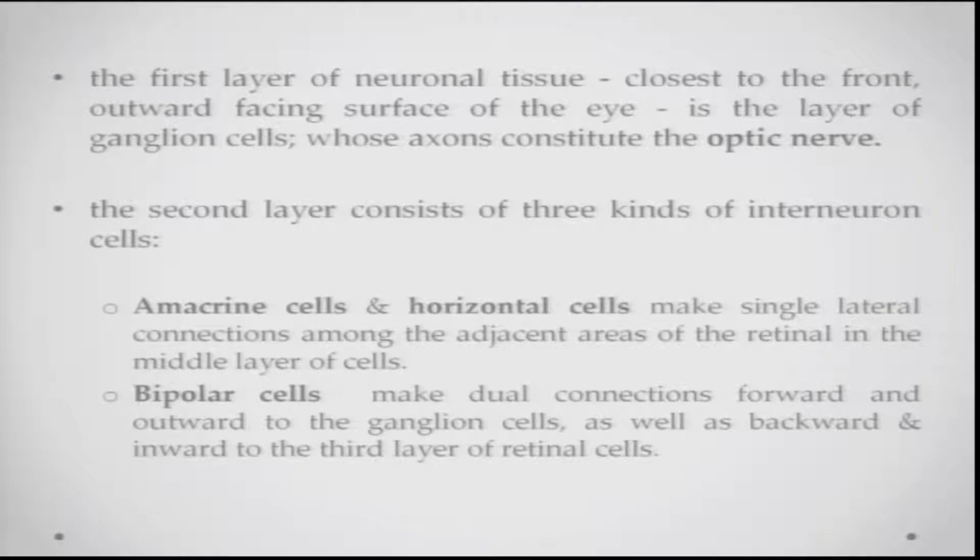The amacrine cells make single lateral connections to adjacent areas of the retina in the middle layer of cells. The bipolar cells make dual connections. They make connections forward and outward to the ganglion cells, as well as backward and inward to the third layer of these retinal cells.